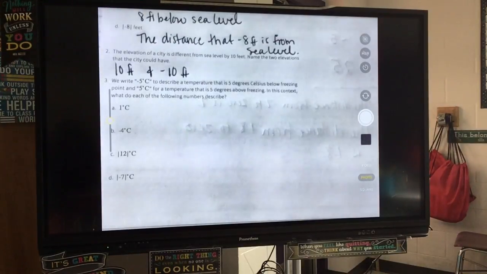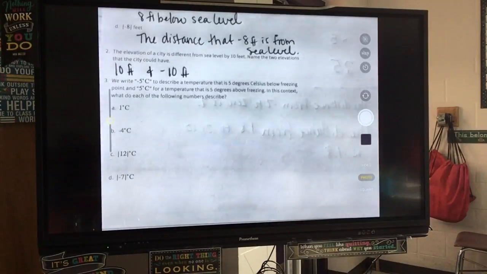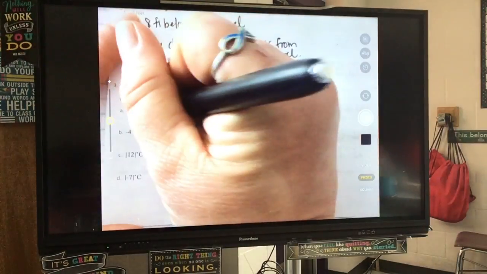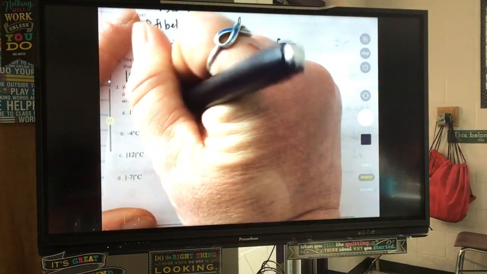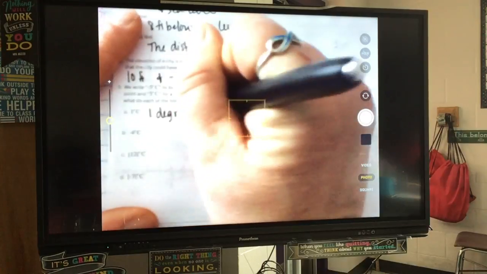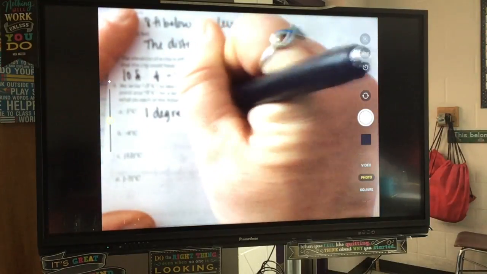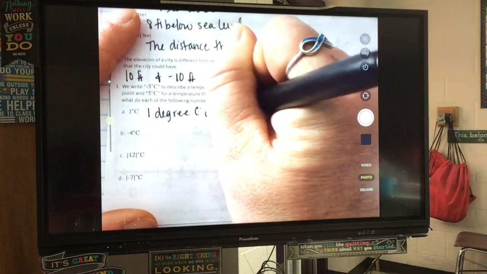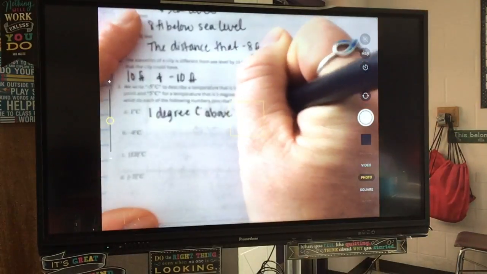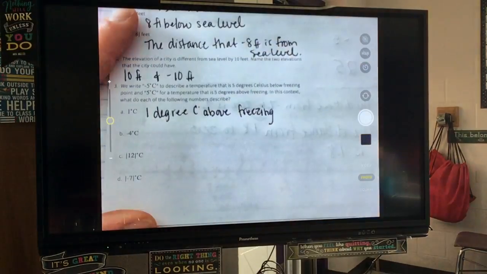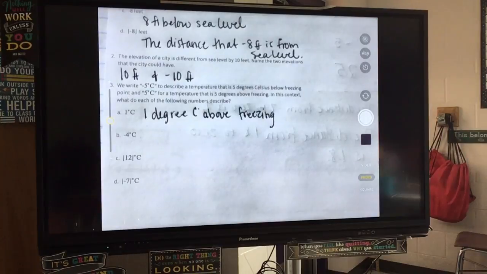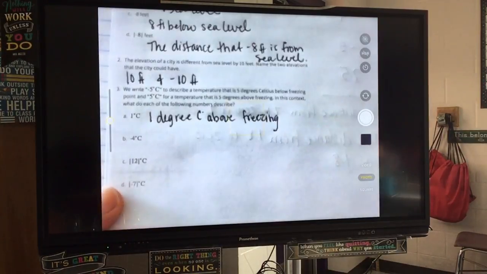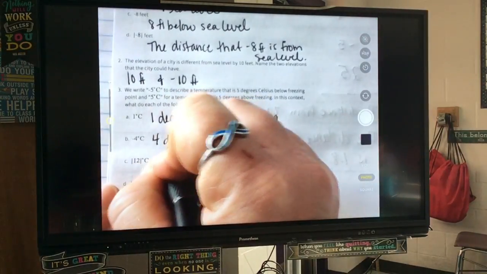All right. So what does 1 degree Celsius, what could that mean? Andrew? 1 degree Celsius above freezing. Okay. What about negative 4 degrees Celsius? Sophia? 4 degrees below freezing.